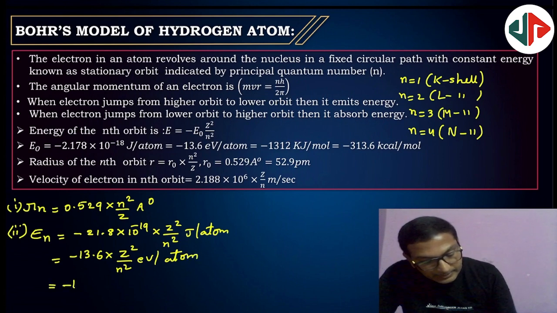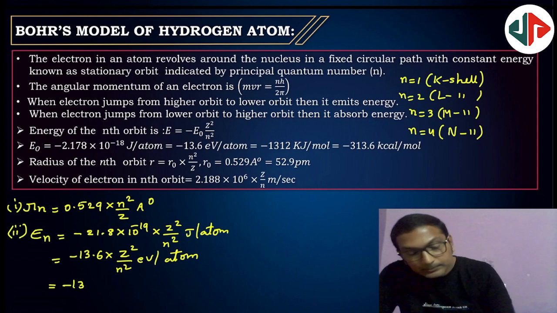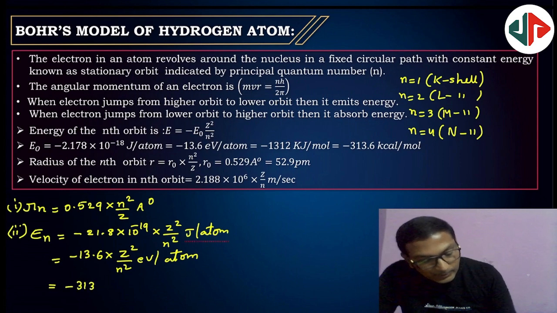Next, minus 313.6 into Z square by n square kilocalories per mole.